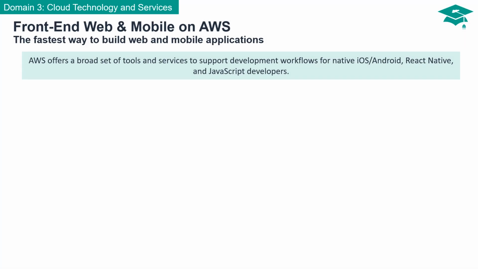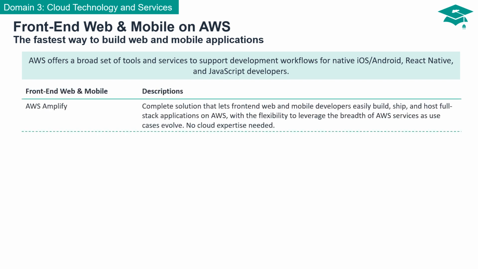AWS offers a fantastic set of tools and services tailored to support development workflows for native iOS/Android, React Native, and JavaScript developers. It's like a toolbox filled with everything you need to build top-notch applications. AWS Amplify. It's not just a tool, it's a complete solution that makes life easy for front-end web and mobile developers.